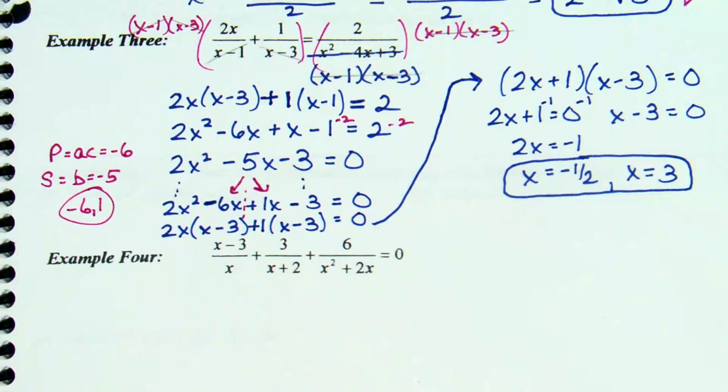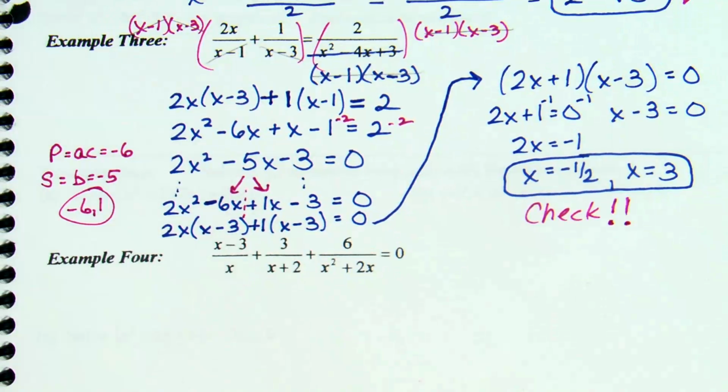Now, one last thing, and that is we need to check for extraneous solutions. Now, I just realized in your class I forgot to mention something. I don't know if anyone will come up with this since I didn't mention it to begin with. I'm going to do a third different way to check this one.